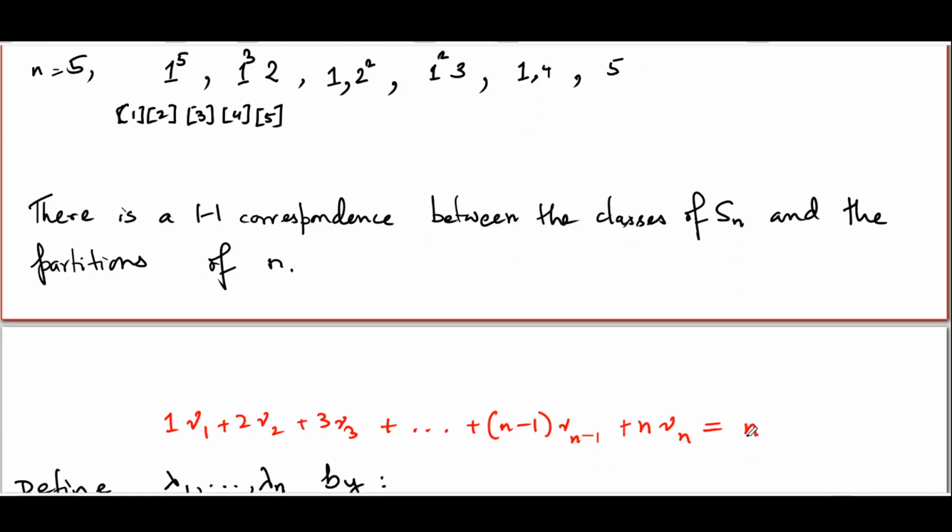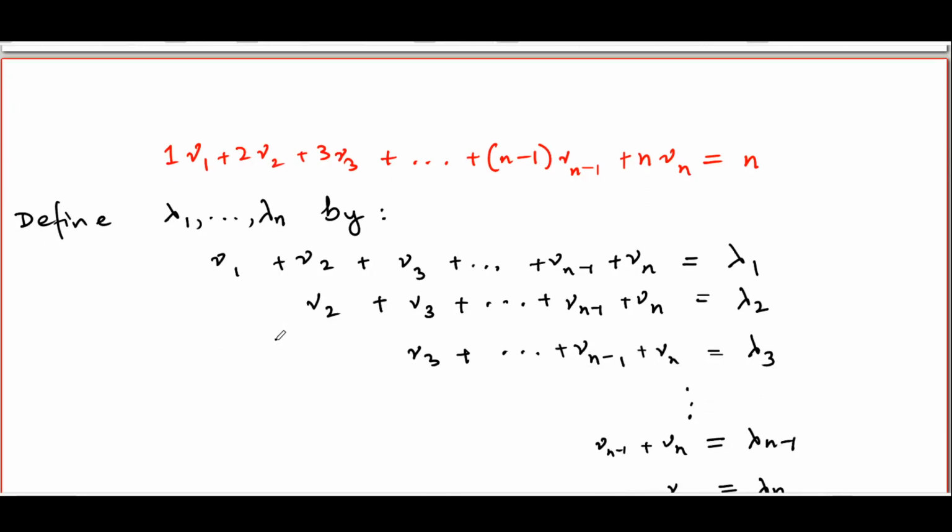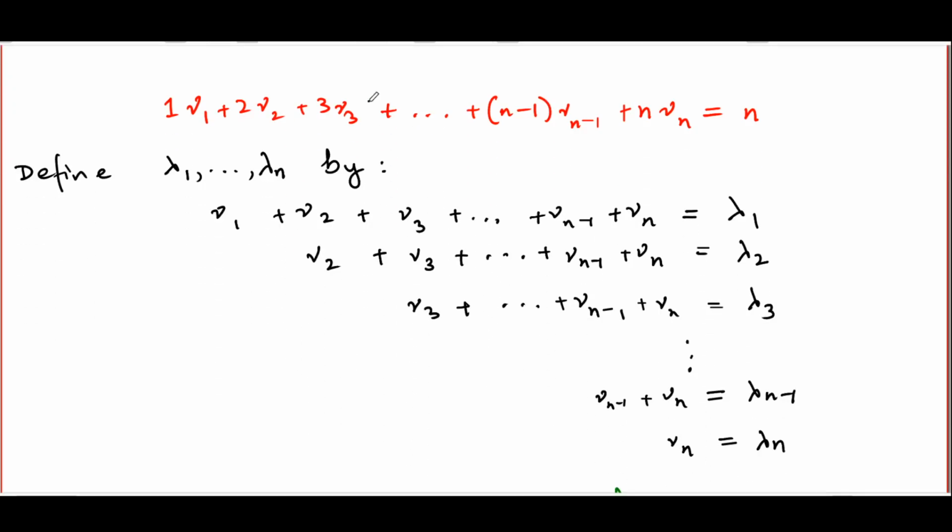Now, what we do here is define n integers lambda 1 through lambda n by the following relations. Lambda 1 is the sum of all the nus, all the cycle sizes. Lambda 2 is the sum of all of them except for nu1. Lambda 3 is the sum of all of them starting from nu3, so nu1, nu2 are dropped.